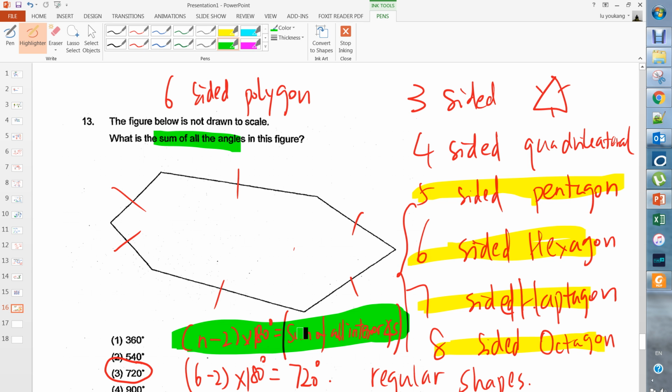If you have a pink color, use pink. If you don't, just use whatever you have. The green one. The n is the number of sides.